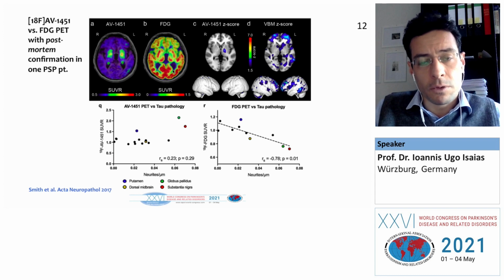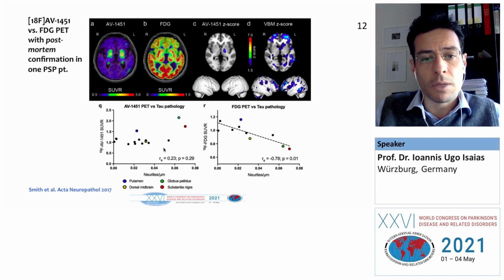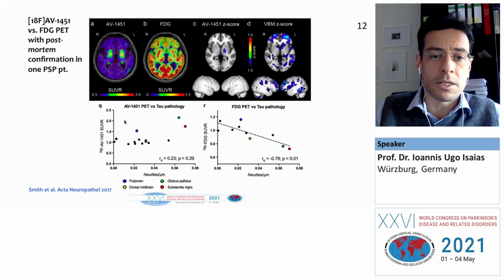The surprising result is that when comparing these in vivo PET images with post-mortem findings, the authors could not really see any correlation between PET imaging with a new ligand targeting protein tau and the tau deposits in the neurites.